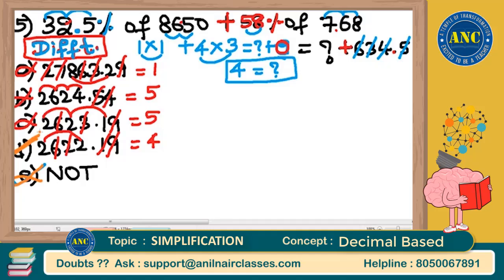Each and every time we might have to change direction. For some questions we might apply digital sum, for some we might apply some other logic. It all depends upon the numbers given in the question, and there is no one specific method to solve a simplification question. If you get married to only one specific method, you cannot solve all simplification questions. You might solve one question but not all.